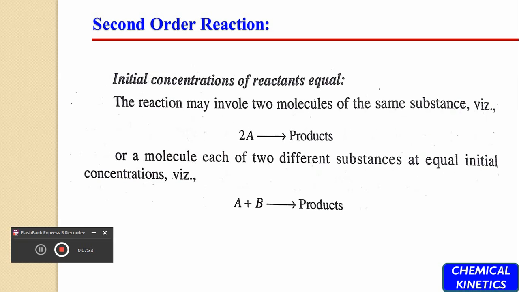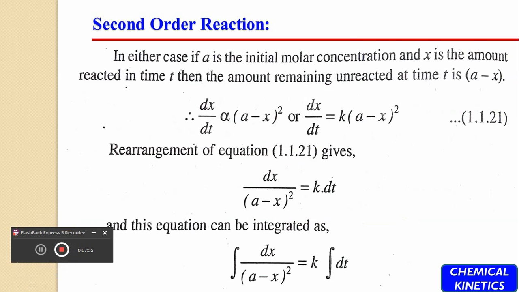Here we will consider the initial concentrations of the two reactants to be equal. In this case, if the initial concentrations are the same, then two A reactant molecules give the product. If the reactant molecules have different initial concentrations, then it will be A plus B gives the product.